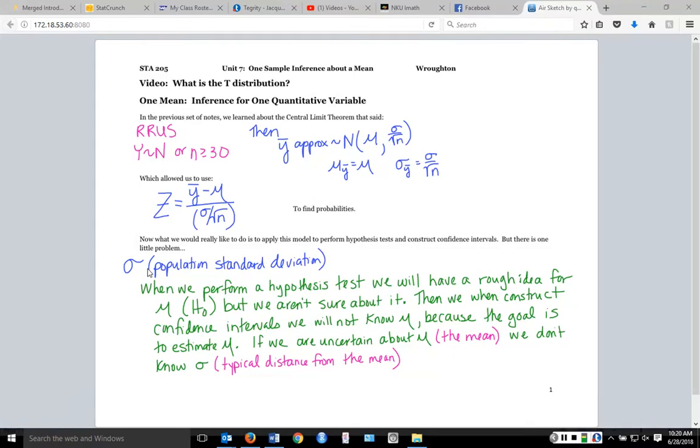So it's really that uncertainty in our mean that makes us not know the population standard deviation. So what are we going to do? Right, so what we had is this Z formula. Same one I have above, I'm just copying it down. Let's talk about what we're now going to have.